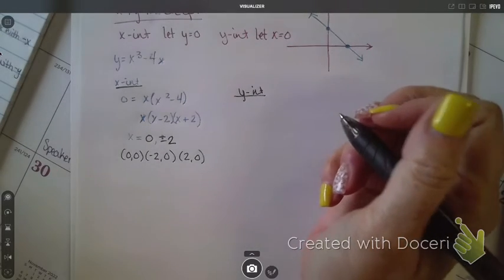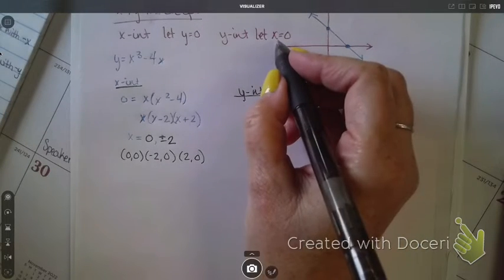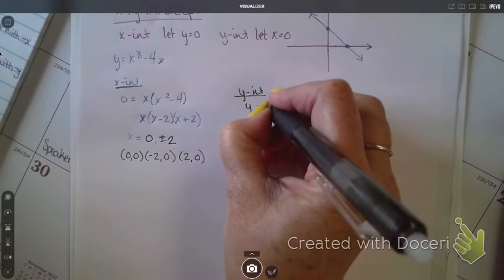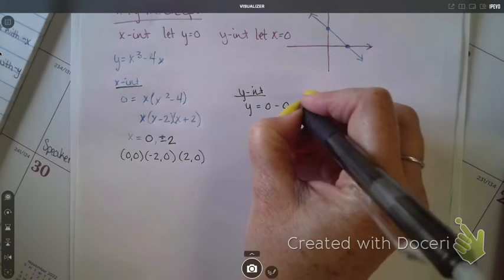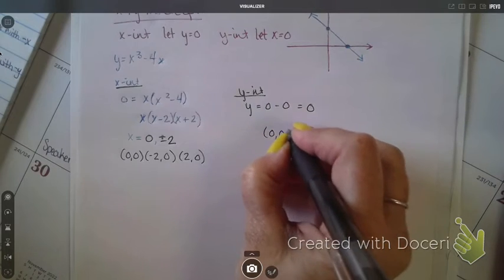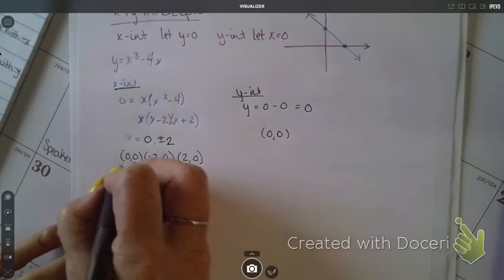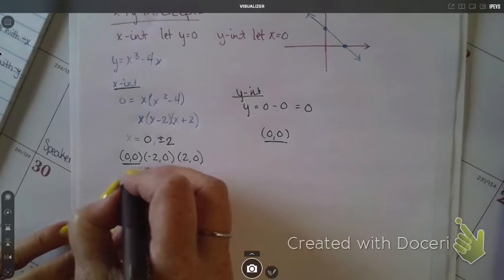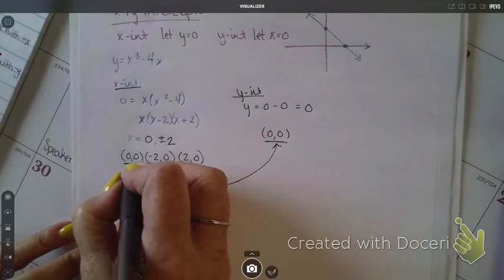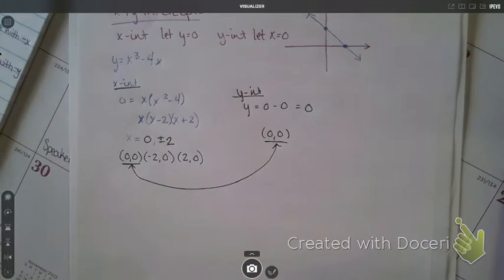So for my y-intercept, I let x equal 0. So y would equal what? 0 minus 0, so it is 0. Now, remember the rule. If 0, 0 shows up in one intercept, it has to be in the other.